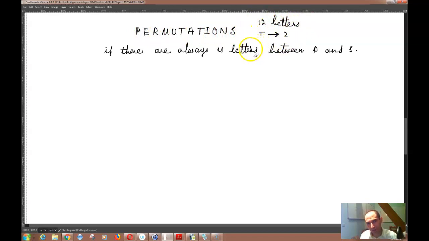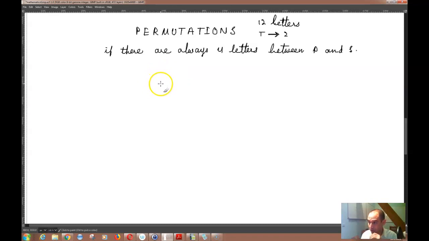And so we want to know the total number of permutations of this word if there are always 4 letters between P and S. So you need to pay attention to this. The solution is very simple. It's very simple to understand, but it's probably not the simplest thing to come up with.